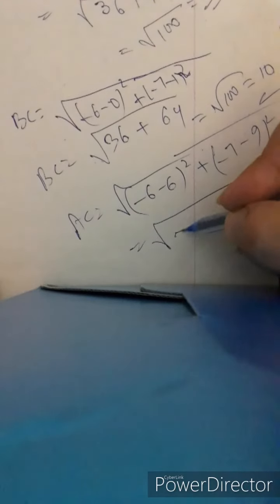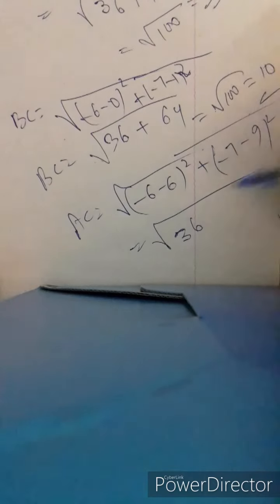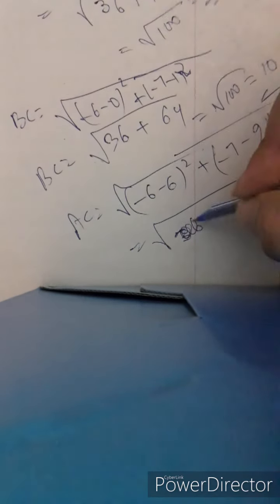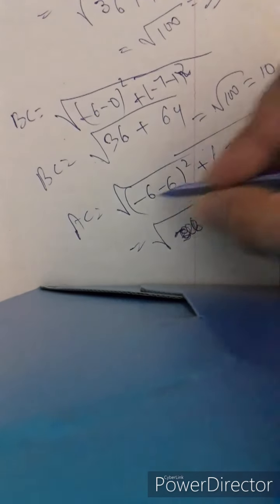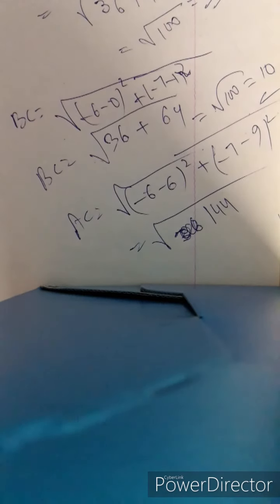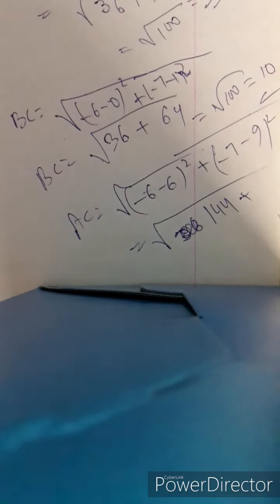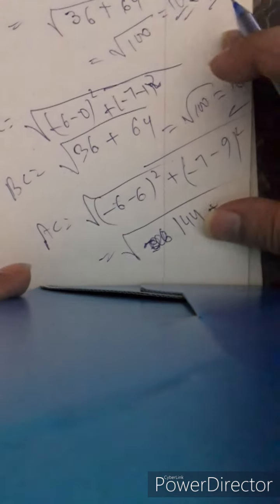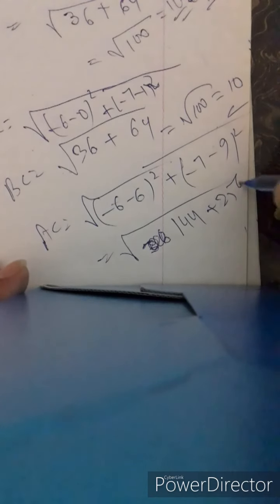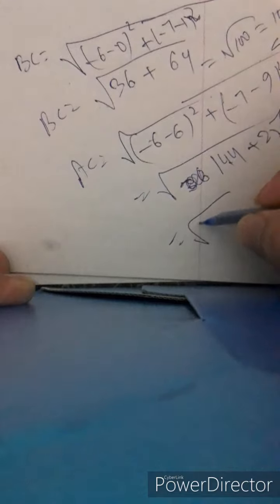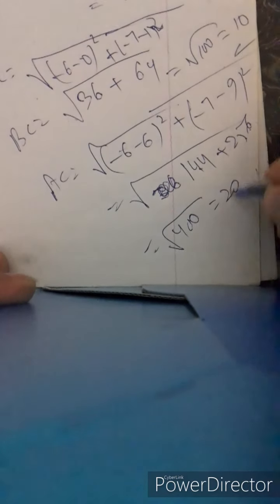I'm sorry, minus 12 whole square is 144, and 16 square is 256, which becomes 256 plus 144 equals root under 400, that is equal to 20.